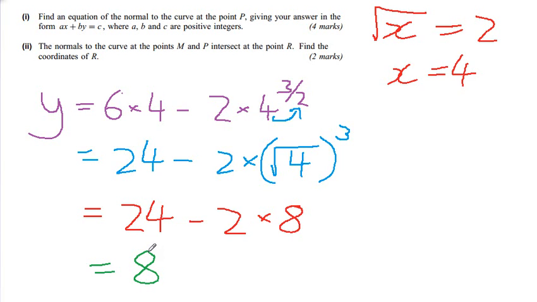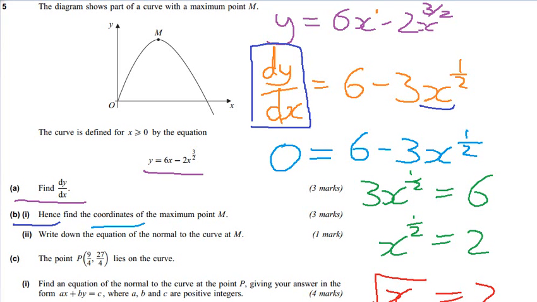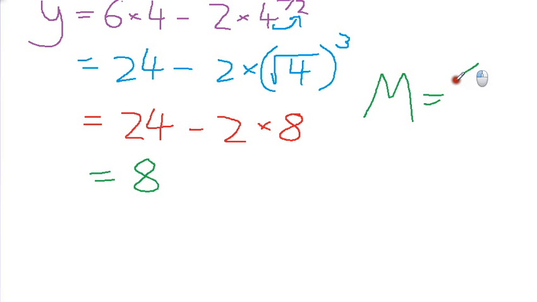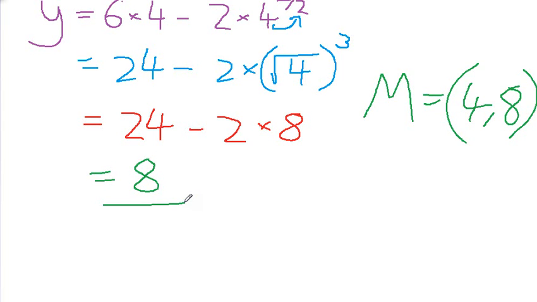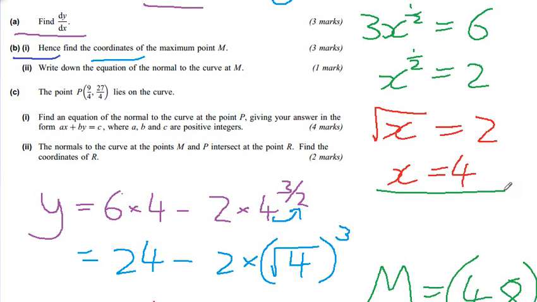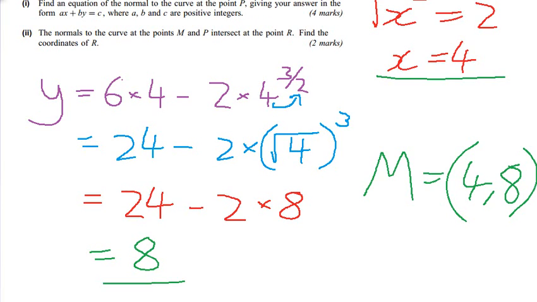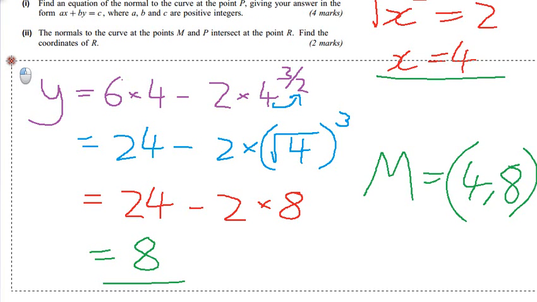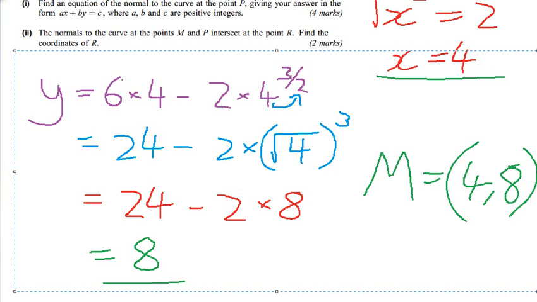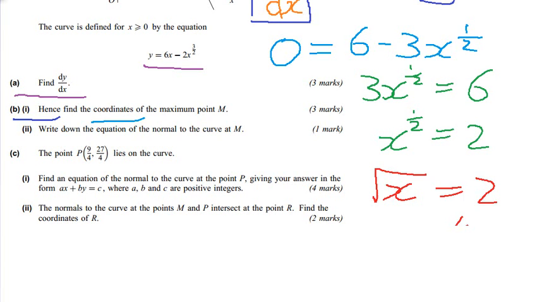So our coordinates for M, if we go back up here, that maximum point there, where the gradient is 0, is going to be 4, 8, because y is 8 there, and x is 4 there. Good, right, let's get rid of that, and move on to the next question.